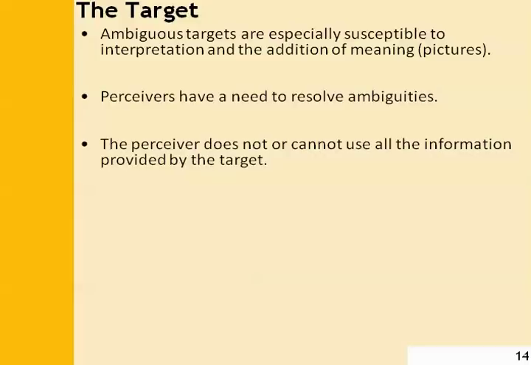He still might not understand it. ليه؟ لأن ال perceiver مش دايما بيقدر إنه يستخدم كل ال information اللي provided to him by the target.